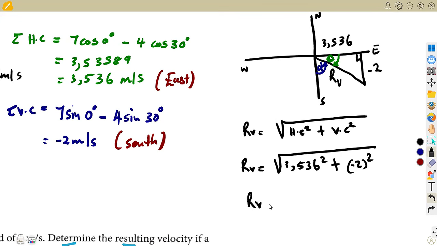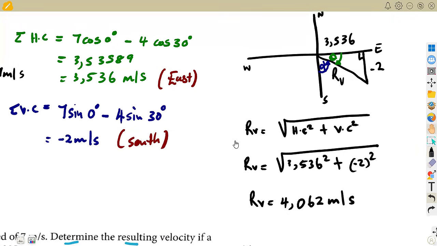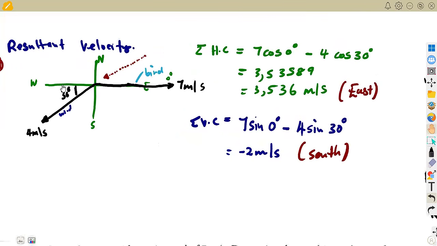So you're going to have the resultant velocity there. And what is the answer? If you simplify this, we are going to obtain something like 4.062 meters per second. All right. Then we have to find theta in this case. So these are the steps that you need from the diagram here. You find your components.